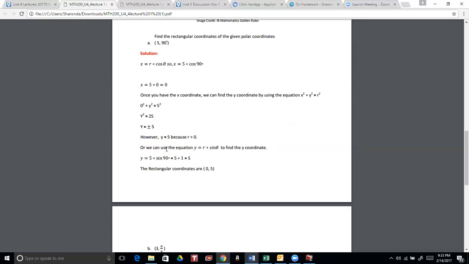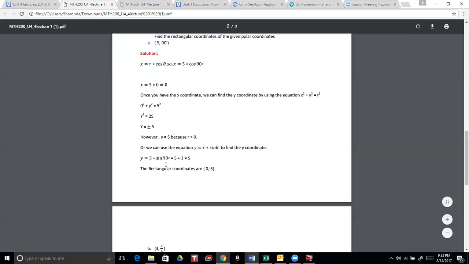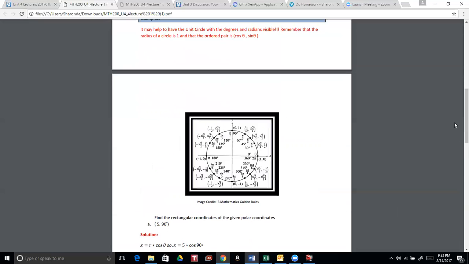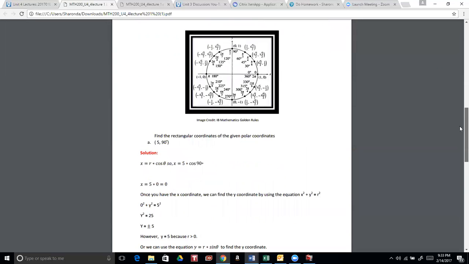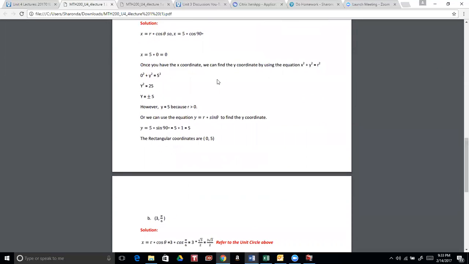Or we could have used the equation y equals r times sine theta, again using the unit circle or plugging 90 degrees into your calculator. Sine of 90 degrees is 1, so y is equal to 5 times 1, which is 5. So the rectangular coordinates are 0, 5 for this x and y.